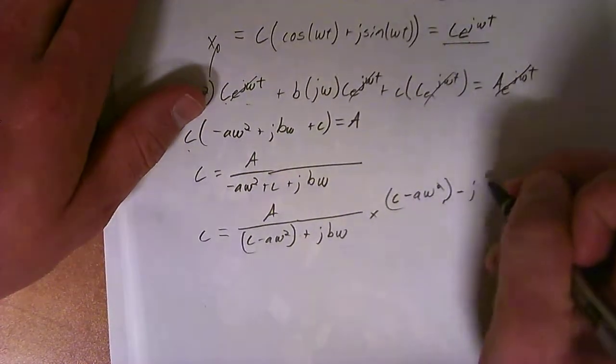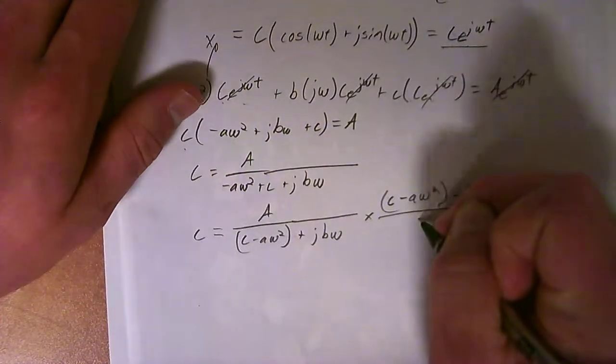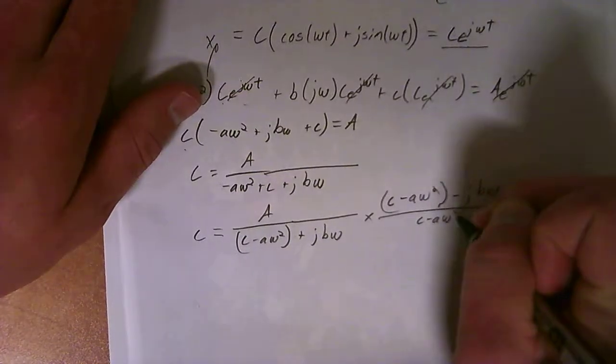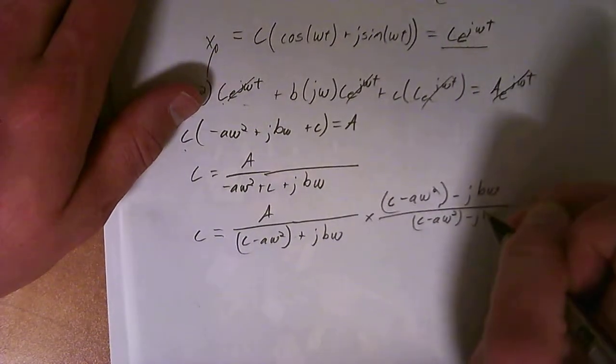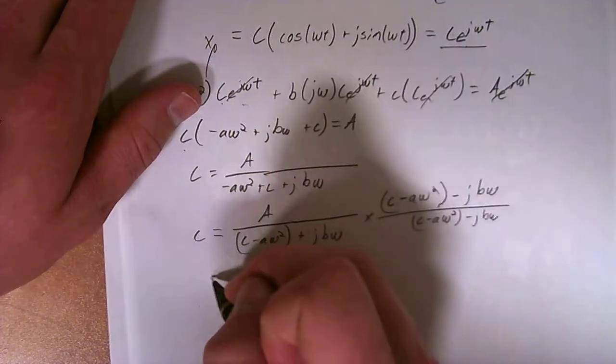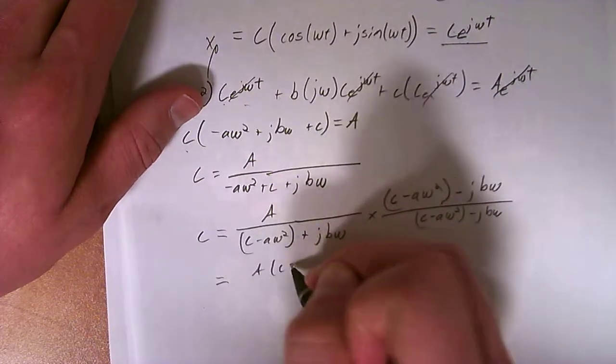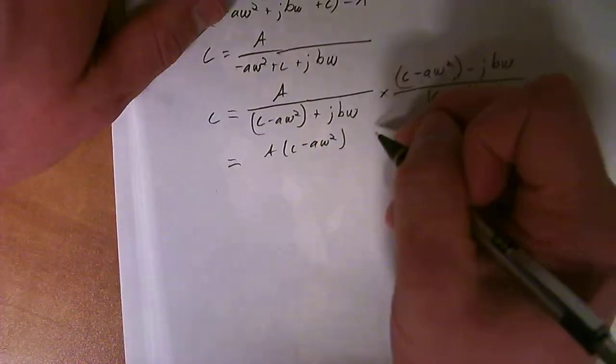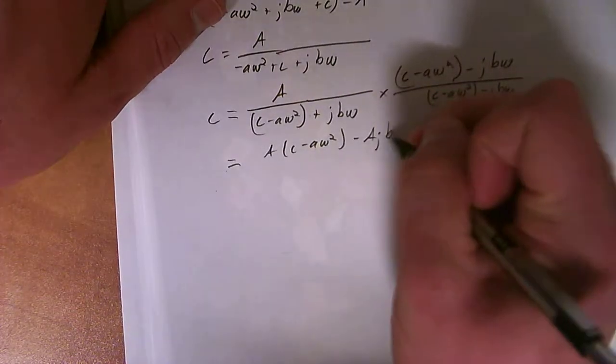And I don't want this imaginary part in the bottom, so what I'm going to do is multiply this by 1: C minus A omega squared minus j B omega all over C minus A omega squared minus j B omega.